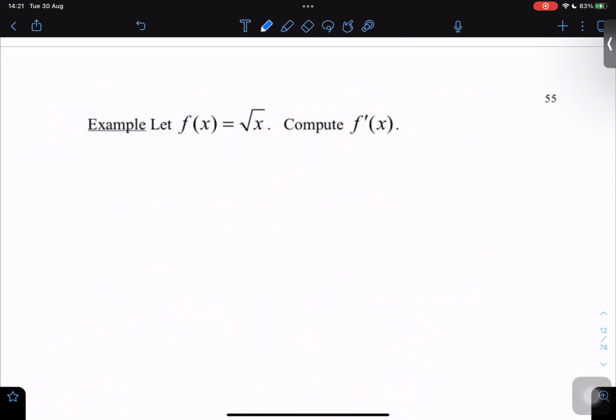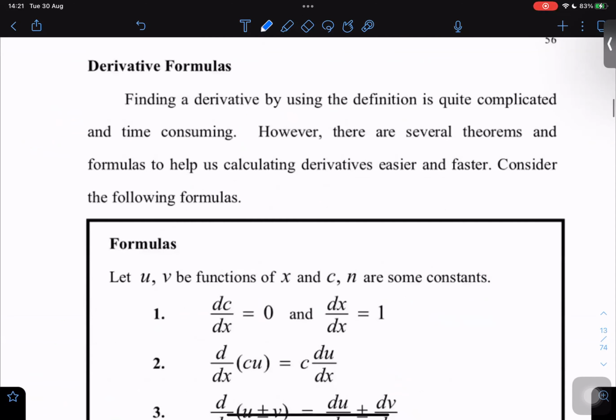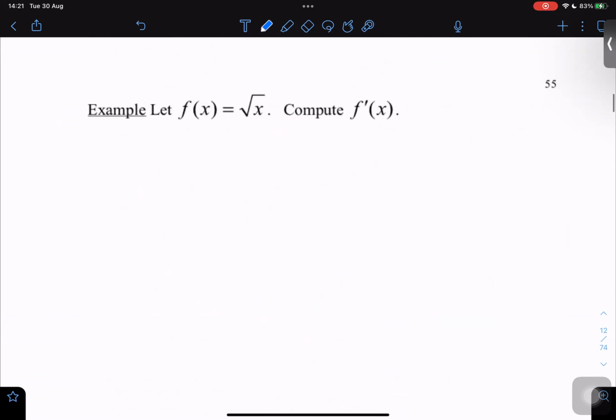Okay, now this is the last one, using the definition. For this one, they ask you to compute the derivative, f prime of x.